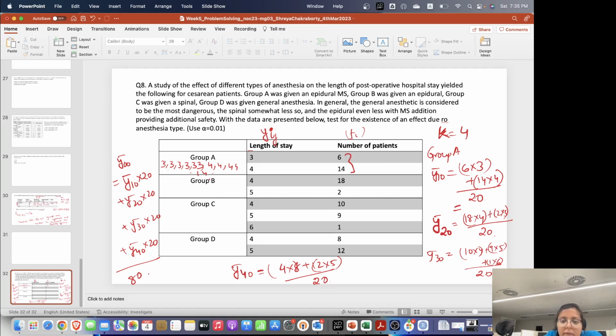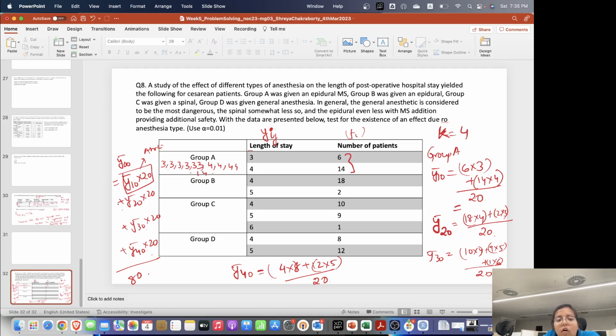If I do not divide by 20, I get the group total. So the group mean into the total number of observations gives me the group A total. This term is going to give me B total, this C total, and this D total.